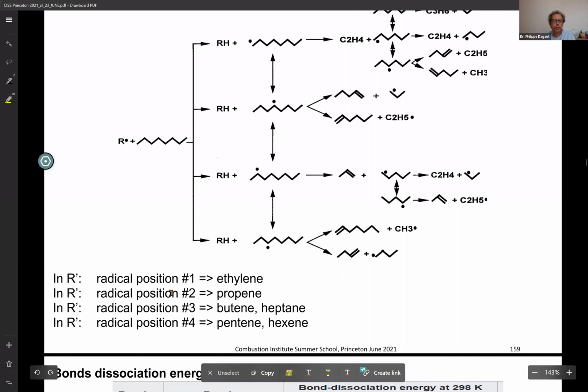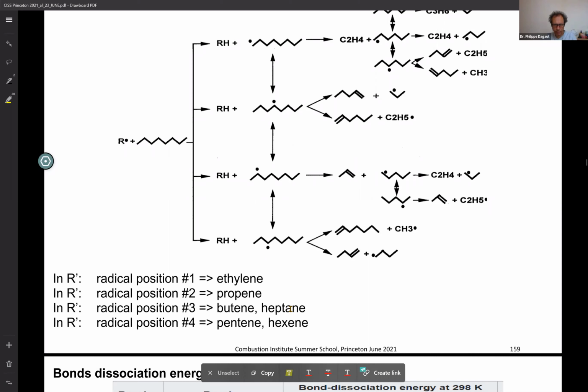So radical in position 1 mostly produces ethylene. The radical in position 2 mostly produces propylene. And the radical in position 3 will produce mostly butene and heptyl.